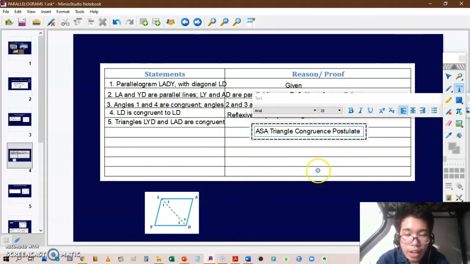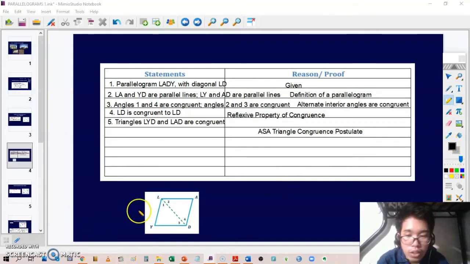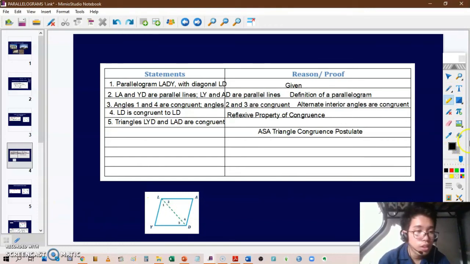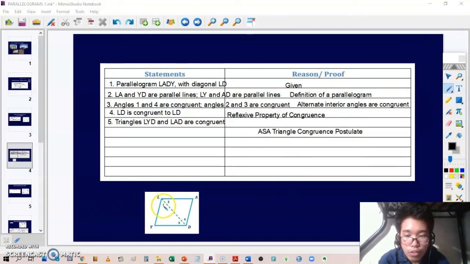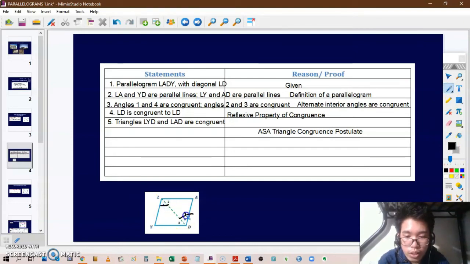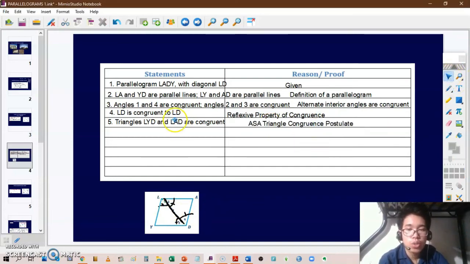We have angles 1 and 4 congruent, so this one and this one are congruent. This angle right here, angle 2 and angle 3, are also congruent, and this side itself is congruent to itself. So from ASA, angle, side, angle, two angles and an included side, we have this proof to show that triangles LYD and LAD are congruent.